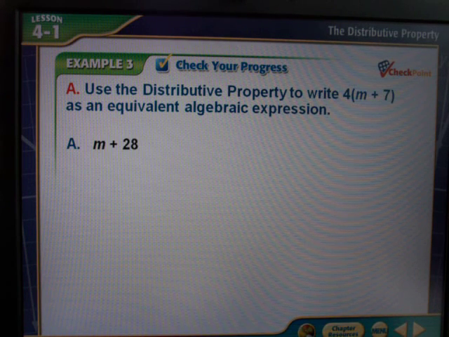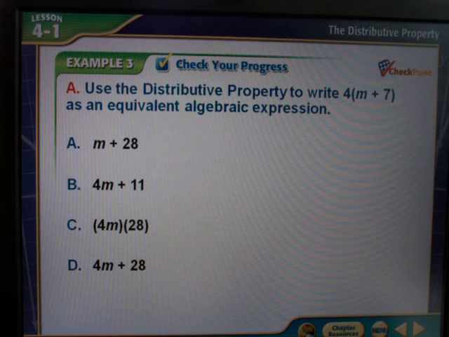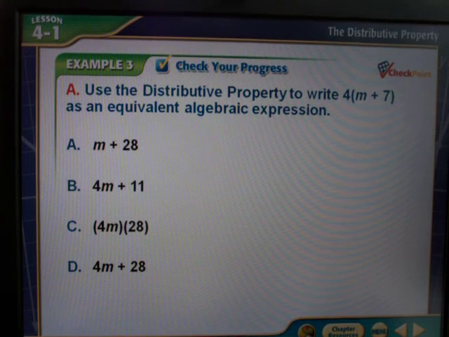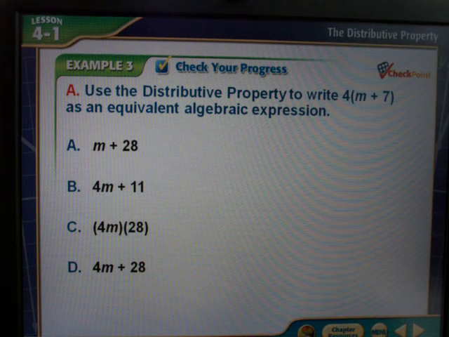All right, so try this one. We're going to take 4 times the quantity m plus 7. Using that distributive property, rewrite it as an equivalent algebraic expression. Is it A, m plus 28, B, 4m plus 11, C, 4m times 28, or D, 4m plus 28? And your answer is?